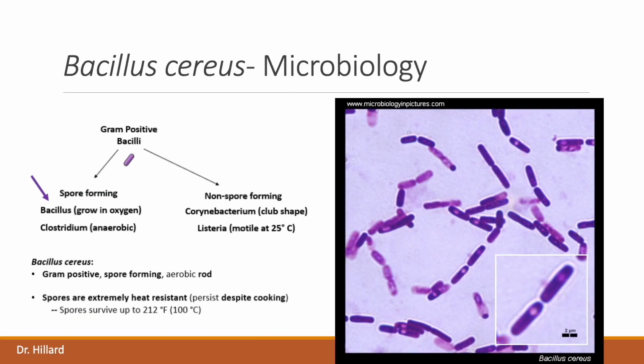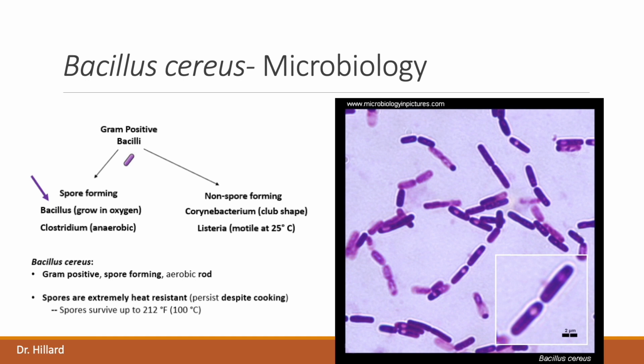Bacillus species are gram-positive spore-forming bacteria. Remember, of the medically relevant gram-positive bacilli, 2 types are spore-forming, Bacillus and Clostridium, and 2 types are non-spore-forming, Corynebacterium and Listeria.